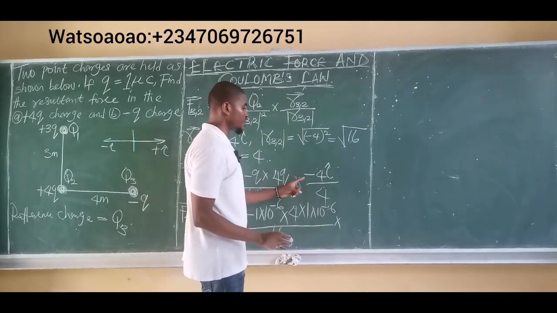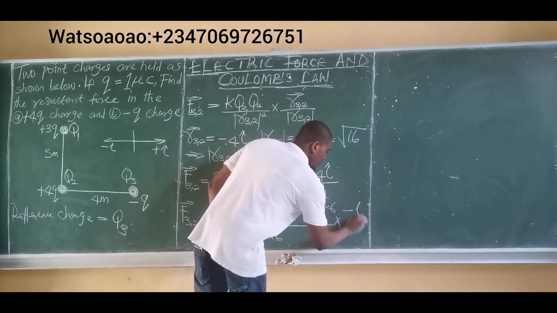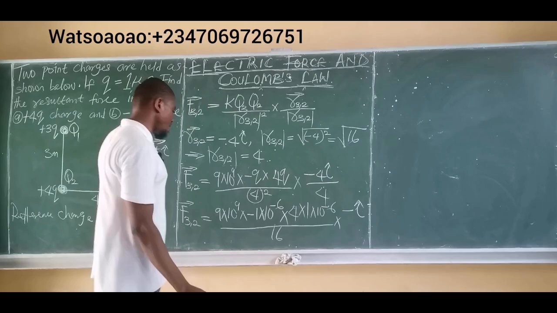Multiply now by negative 4 divided by 4, which gives us negative I. So the 4 cancels out.